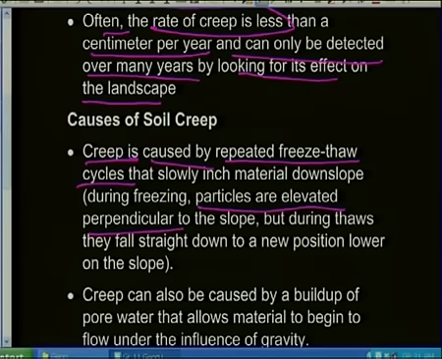Particles are elevated perpendicular to the slope, but during the thaws, they fall straight down to a new position lower on the slope. So what you should take note of is that soil creep is largely influenced by the difference in temperatures.